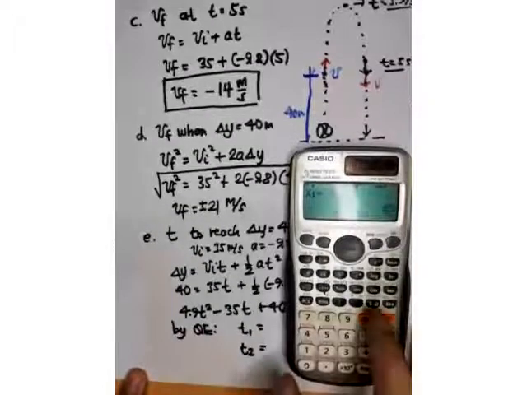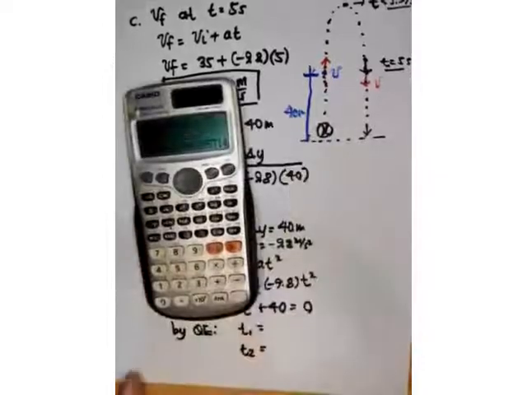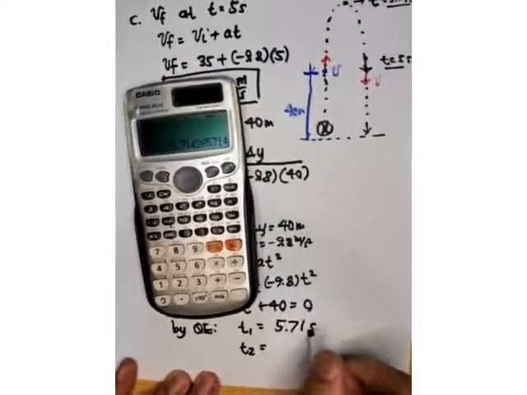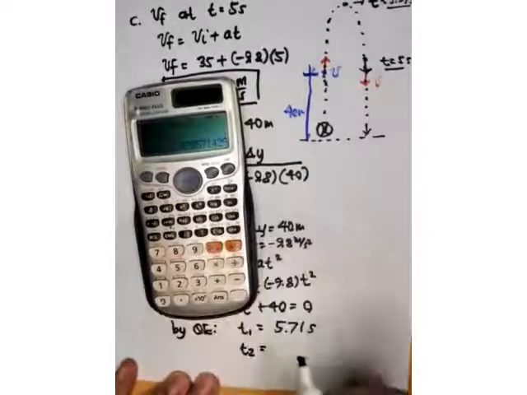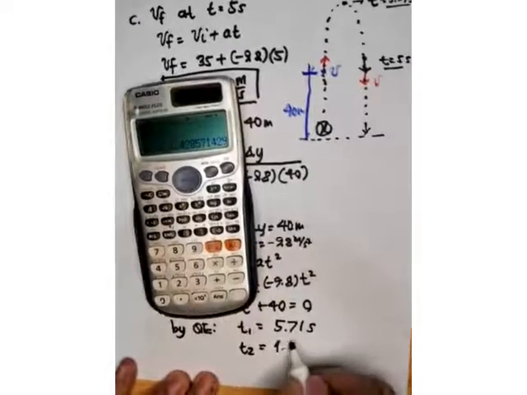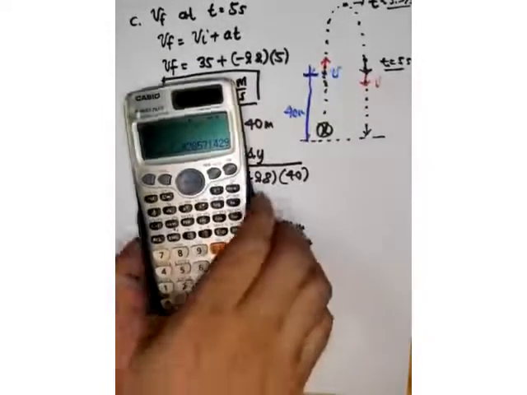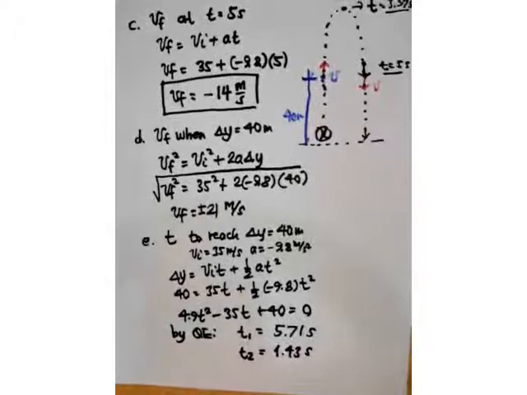Ayan. So T1 is 5.71 seconds and T2 is 1.43 seconds. Okay? So, yung time ay dalawa din.